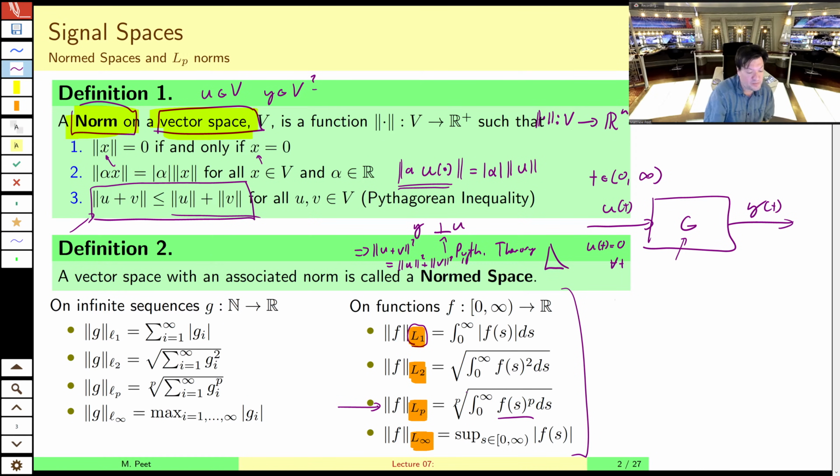And then we can take special cases of that. The most important special case will be the L2 norm. That's where we take the square of the function and the integral of the square. So the square integral of the function, and then the square root of that integral.